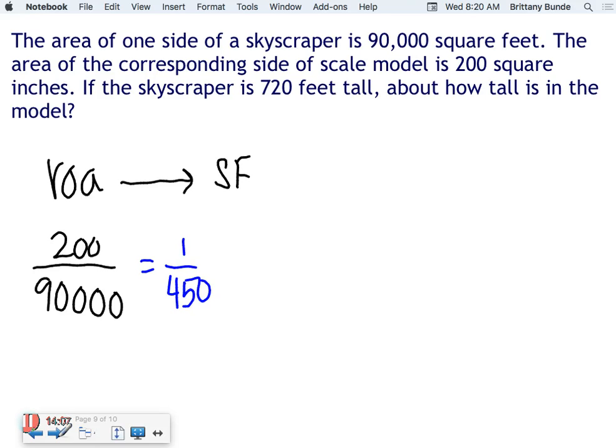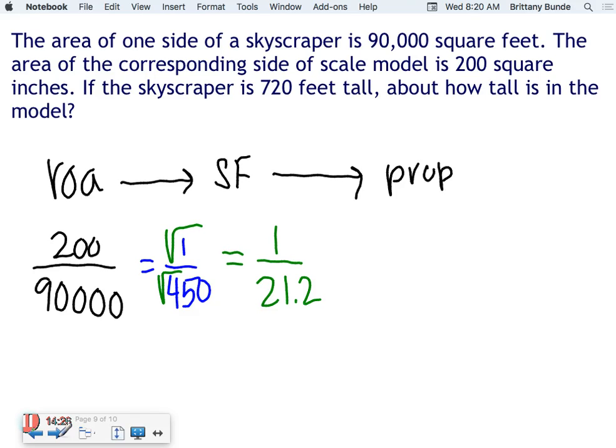Now what do we have to do to get our scale factor? Square root. And it's okay if we get a decimal because it's application. It'll just be an approximation. So 1 over, let's go to 1 decimal place, 21.2, like that. And then from here we write a proportion. So 1 over 21.2 equals, what do we know? The skyscraper is 720.